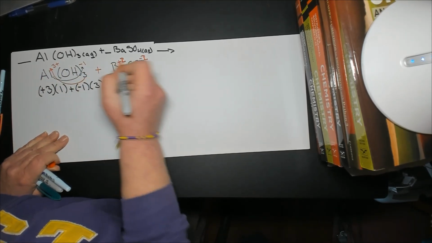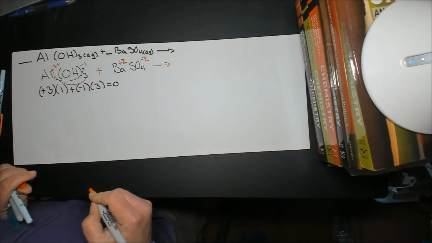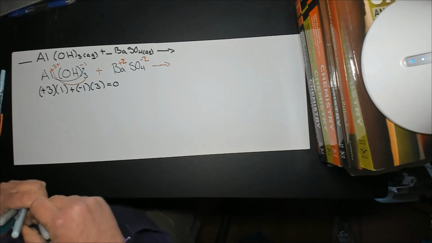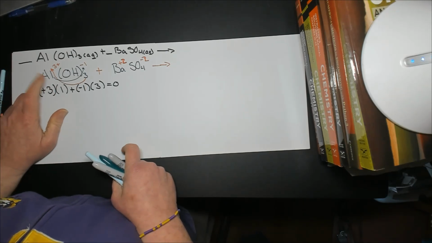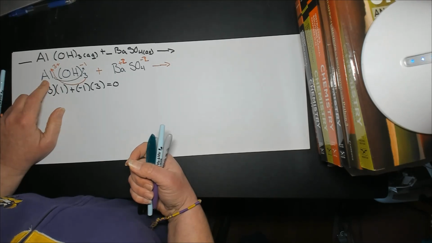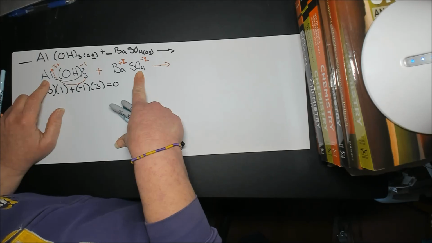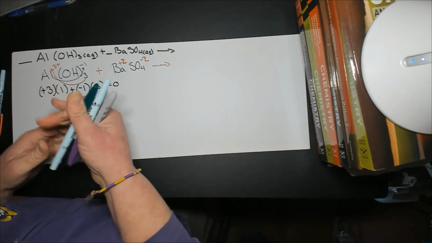Let's just see how they come together on this side. I'll just start with aluminum because I have it written first. So I'm going to take this cation and mix it with barium's anion. So we're just going to swap partners, if you will.